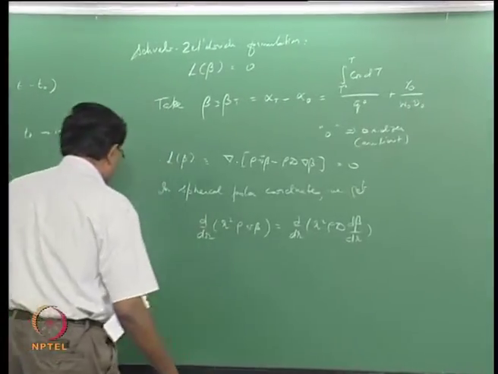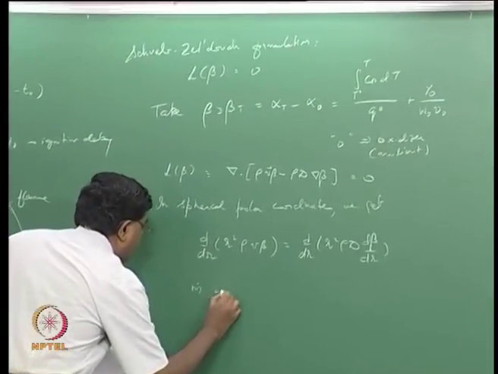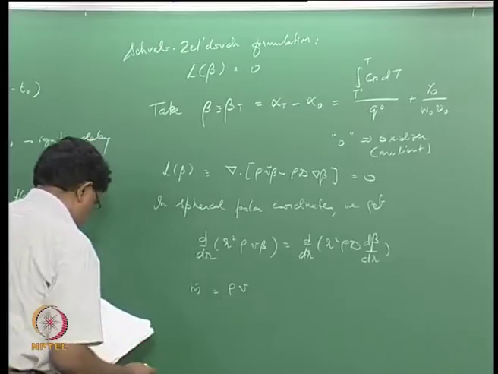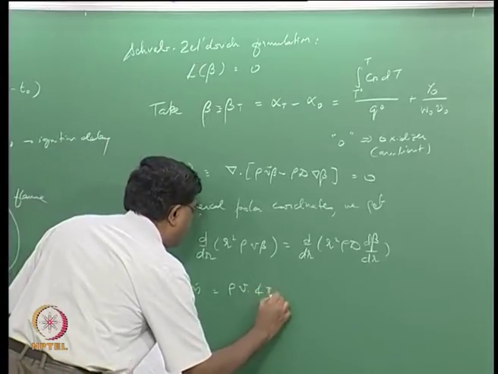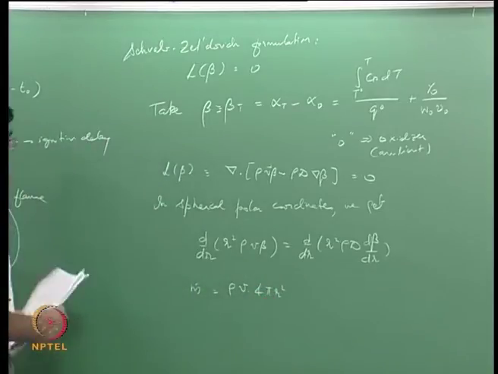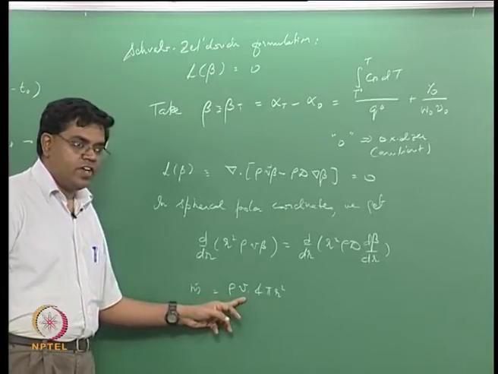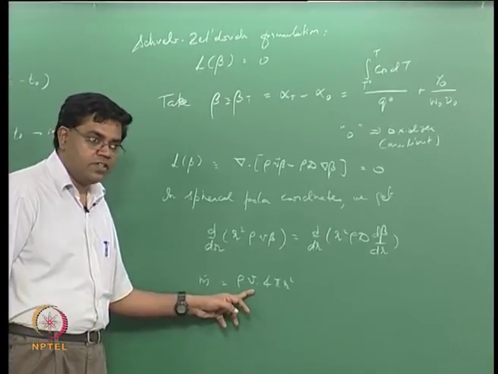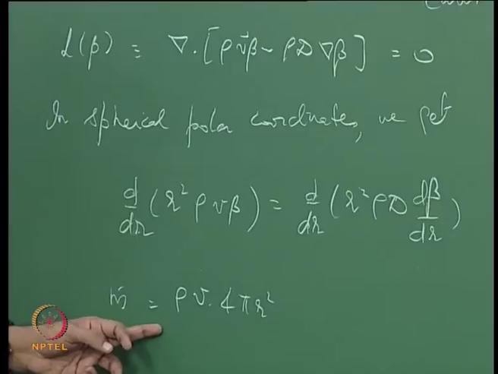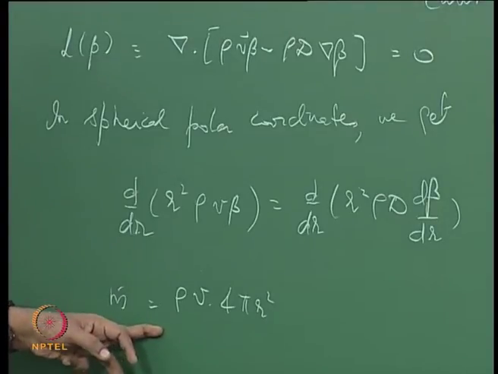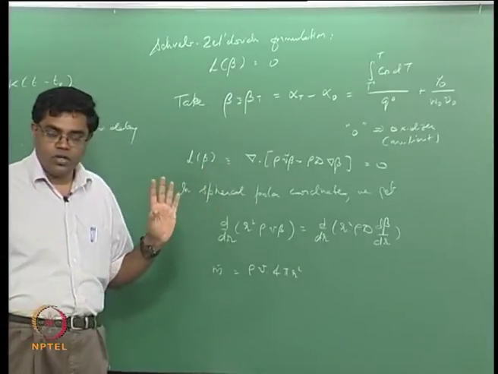m dot is essentially rho v times 4 pi r squared. Small v of course is the radial component of gaseous velocity, and rho is the gaseous density, or the density of the gaseous mixture in your domain.